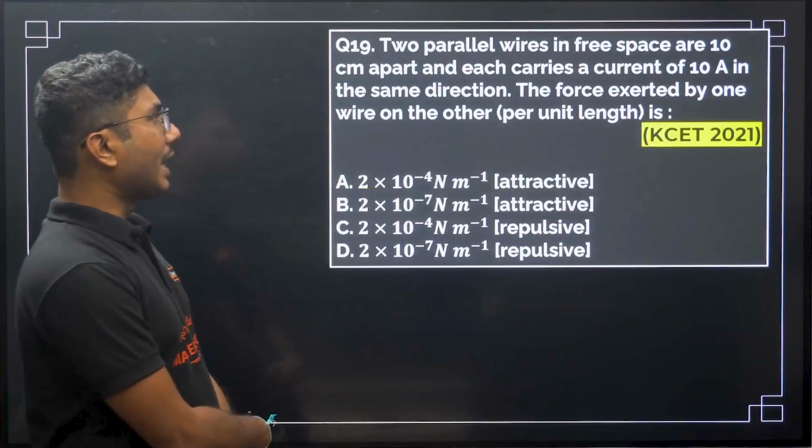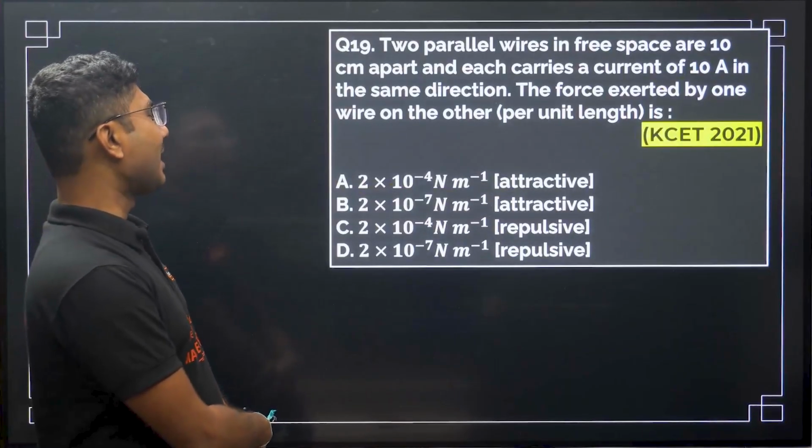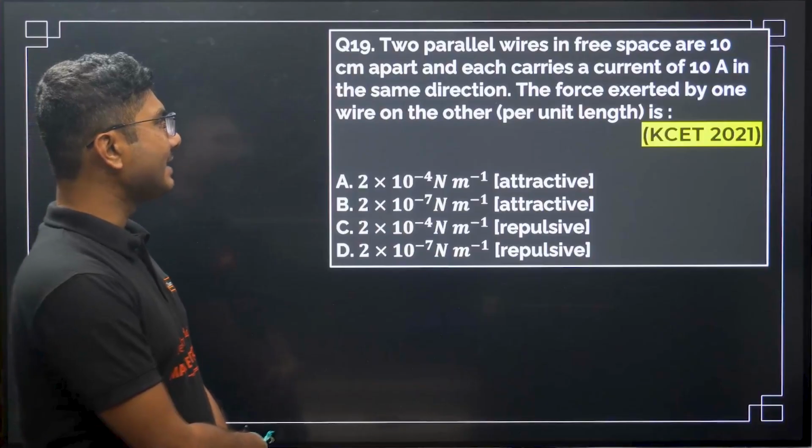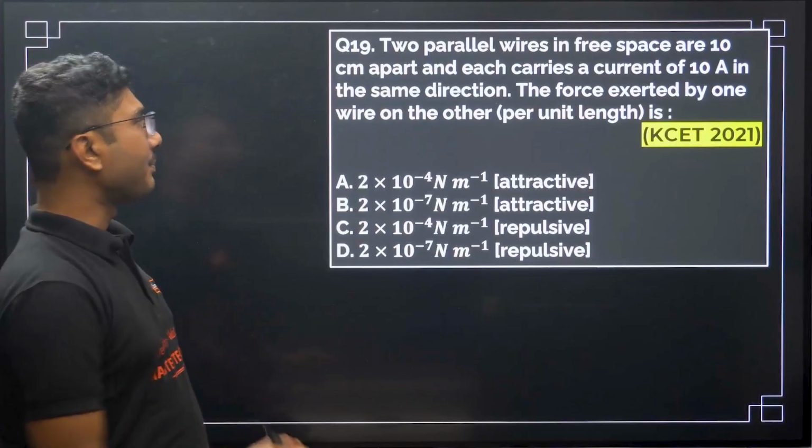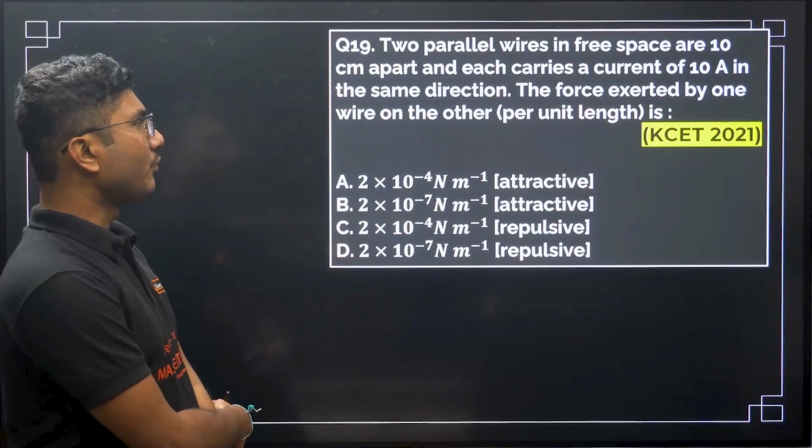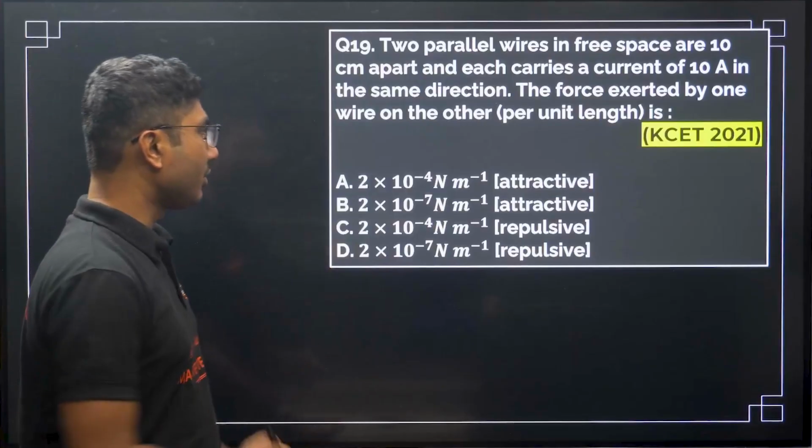Two parallel wires in free space are 10 centimeter apart and each carries a current of 10 ampere in the same direction. Find the force exerted by one wire on the other.